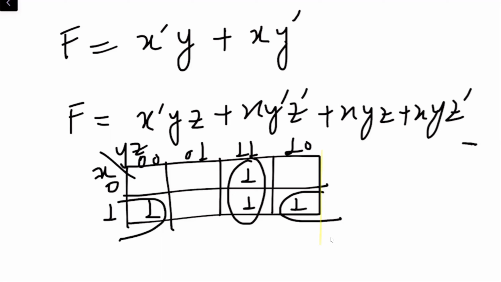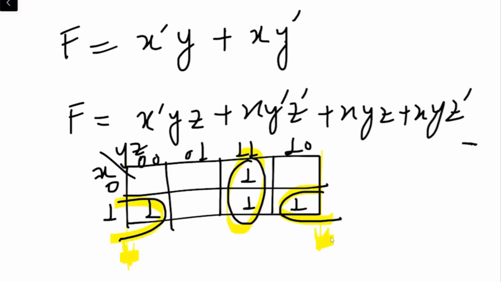So we can make a vertical group with this, and this as the horizontal group, right?